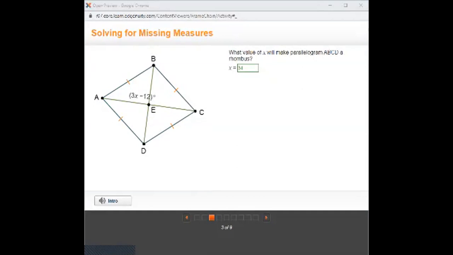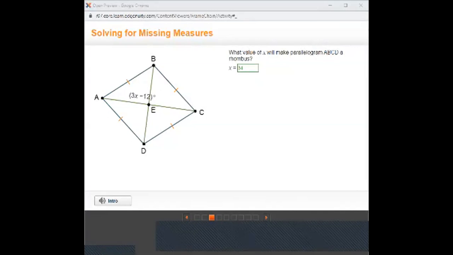It says, what value of x will make parallelogram ABCD a rhombus? And x is based on an expression that gives us the measure of angle AEB. So if this is a rhombus, what do we know has to be true about the diagonals of the rhombus?